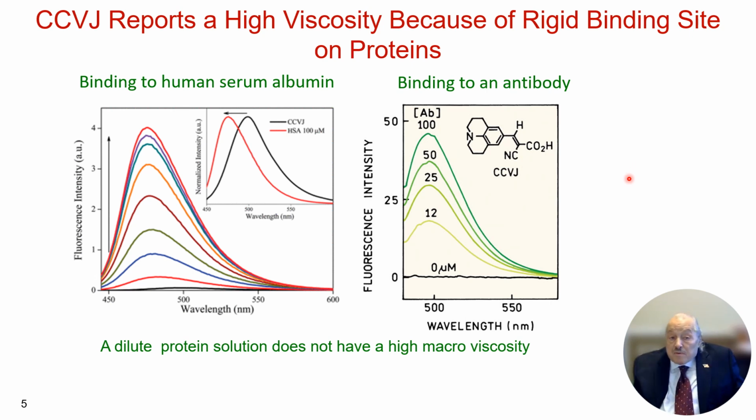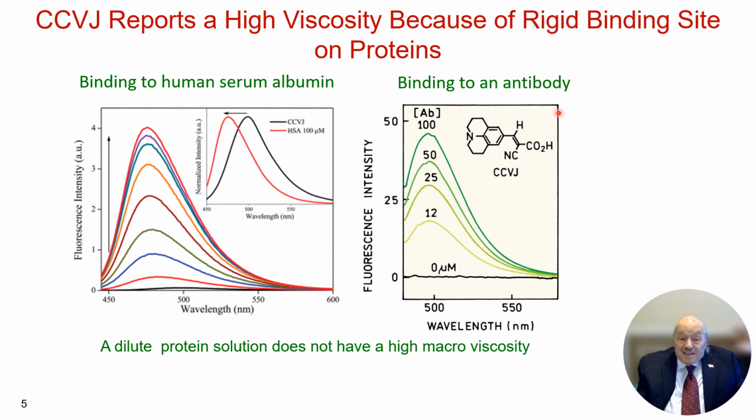I found this one sort of interesting because, what is the microviscosity of a protein or a binding site on the protein? And these top values really represent when this particular probe, CCVJ, is completely bound to the binding site.